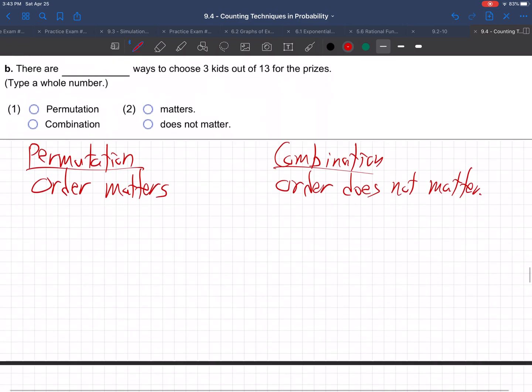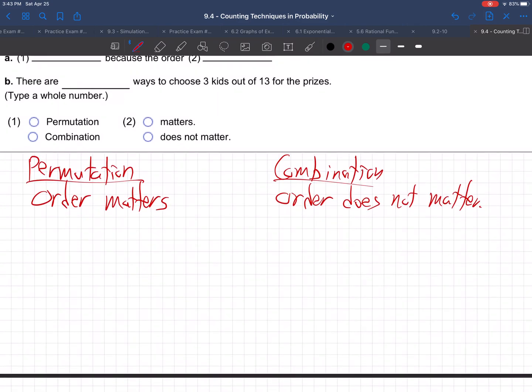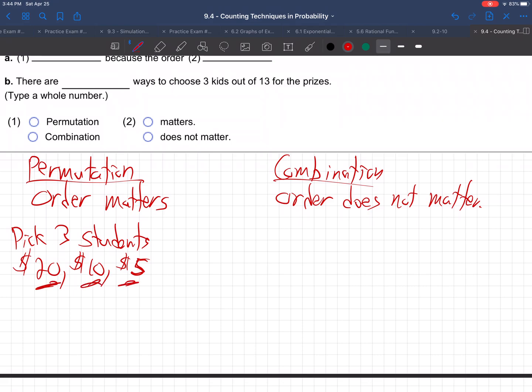Now, for example, what if I was going to pick 3 students in my class at random, and I was going to give the first one a $20 bill, the next one a $10 bill, and the third one a $5 bill? If I said, hey, the first name is going to get a $20 bill, then the 10, then the 5, and your name was one of the 3 that was picked out, would you care what order?